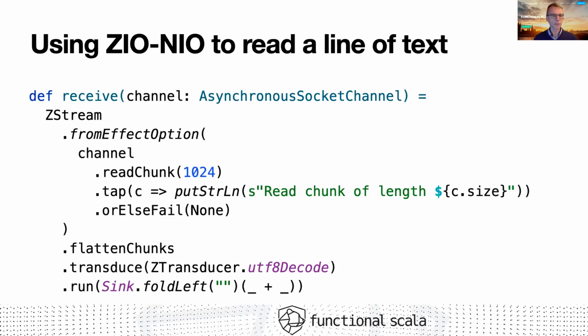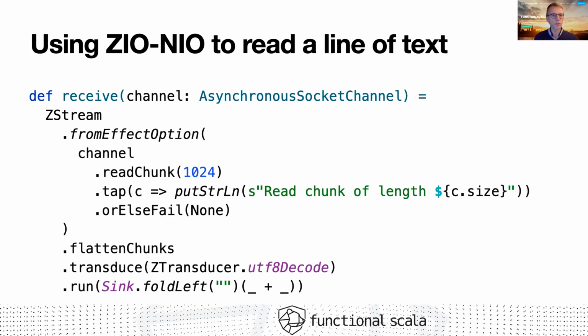And this integrates very nicely with the NIO way of working. So in this case, we set up or read some chunks from the channel. This will give us chunks of bytes. Then we apply this flatten chunks method to make one giant stream of bytes.